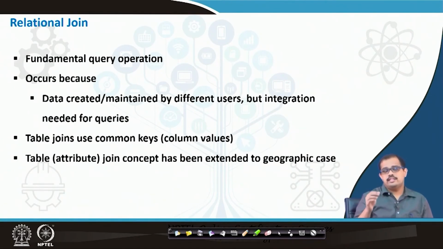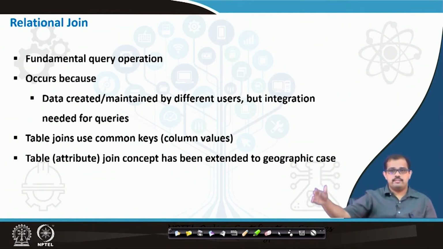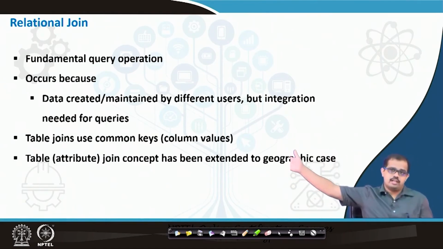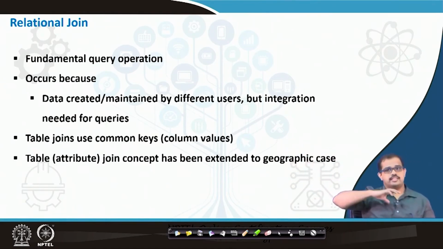It may occur because your data is created and maintained by different users, by integration, and it needs to be queried. Or, for example, you have common keys in different tables and you want to merge all those tables to get a common output. For example, instead of giving a policeman 2-3 tables at 2 different places, I would give him the entire record, whatever he is able to access, in a single table.